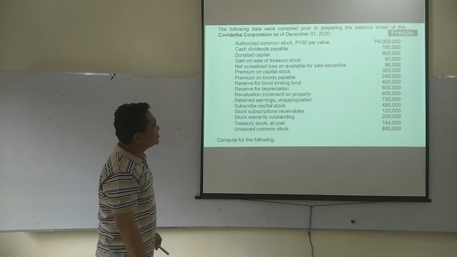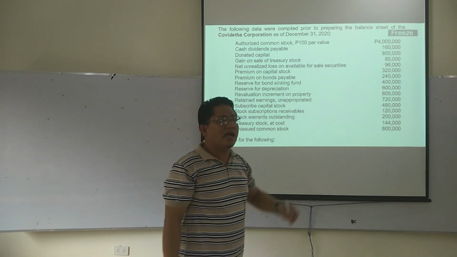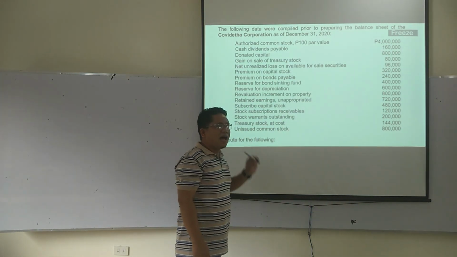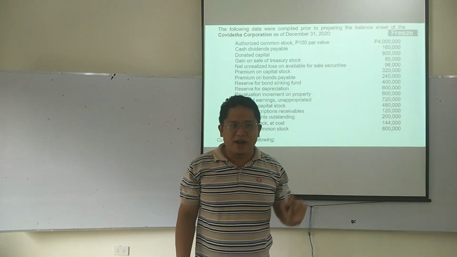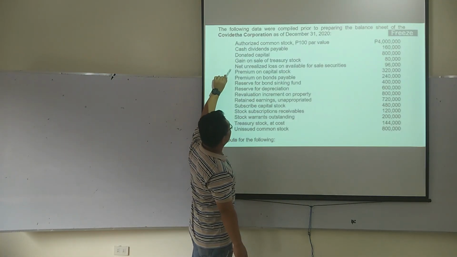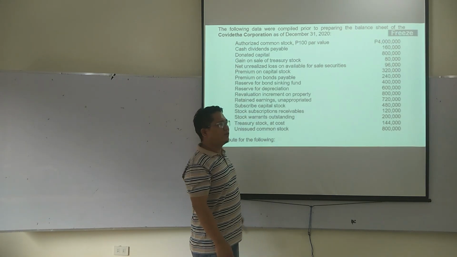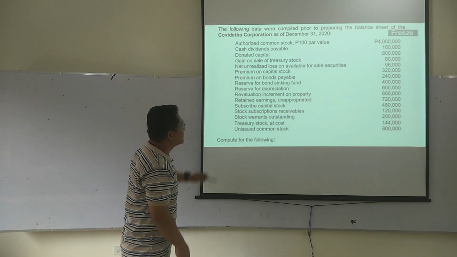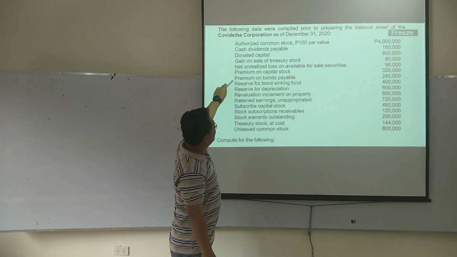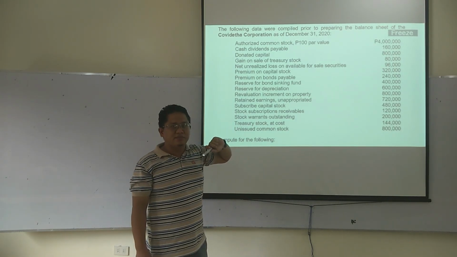Net unrealized loss on available for sale securities. Unrealized loss is part of our other comprehensive income, which is part of stockholders' equity. So OCI. So this unrealized loss is part of our stockholders' equity. Premium on capital stock, yes, of course. Premium on bonds payable, that's a liability account.